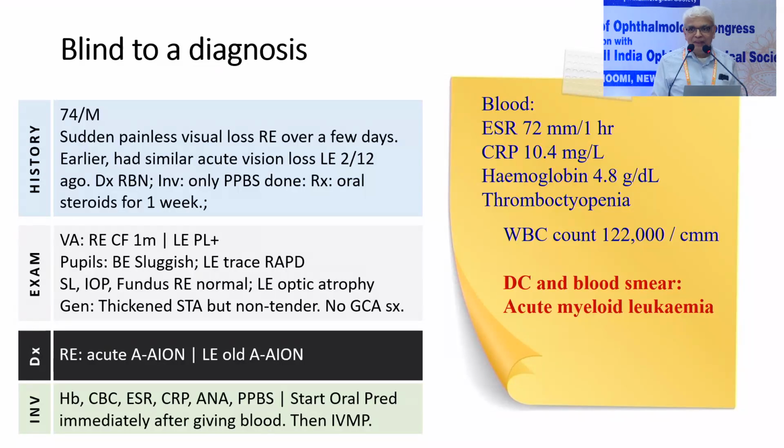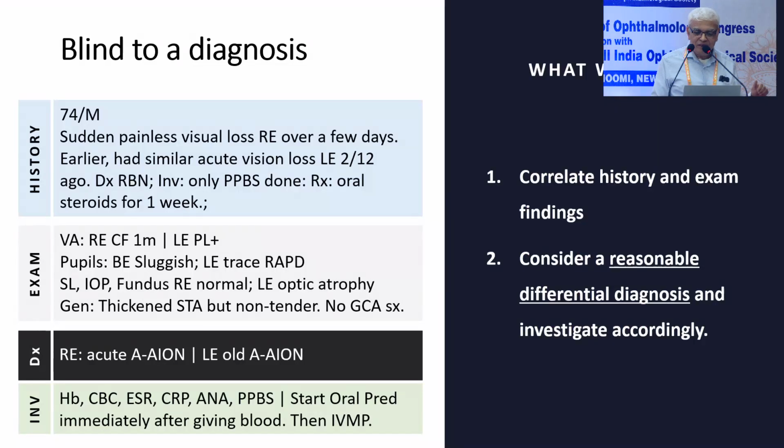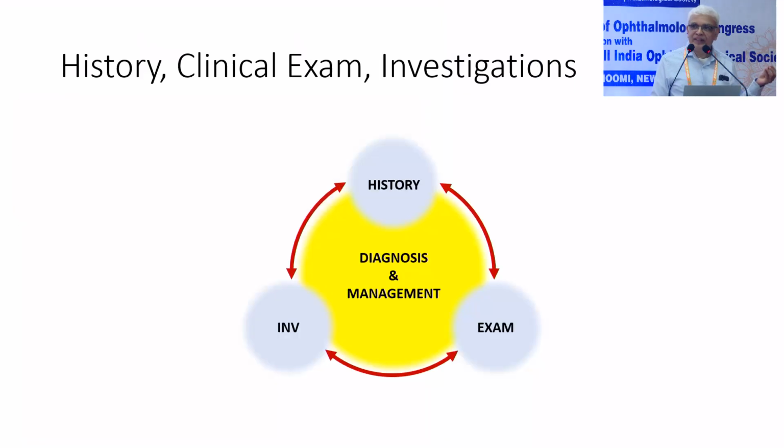I was also mistaken. Certain features are suggestive of arteritic AION, but certain other features like absence of pain should alert you to some other reason than arteritic AION. This patient had acute myeloid leukemia as well. So just correlate the history and the examination, and it's worthwhile considering a reasonable differential diagnosis.